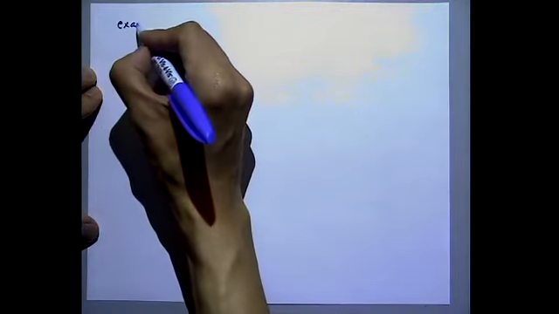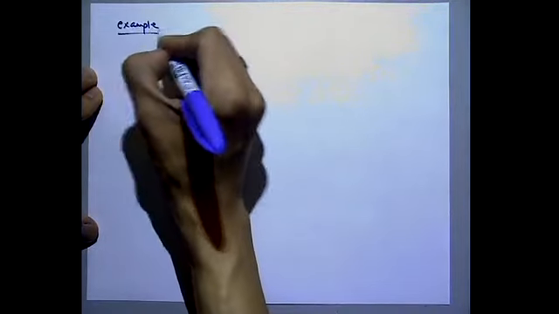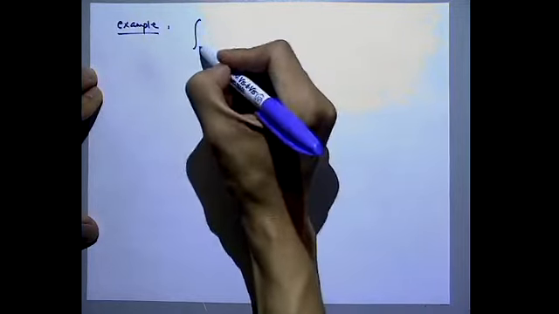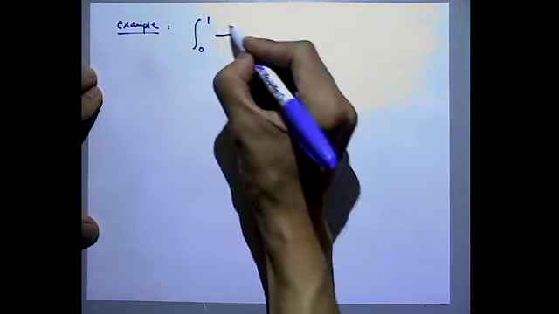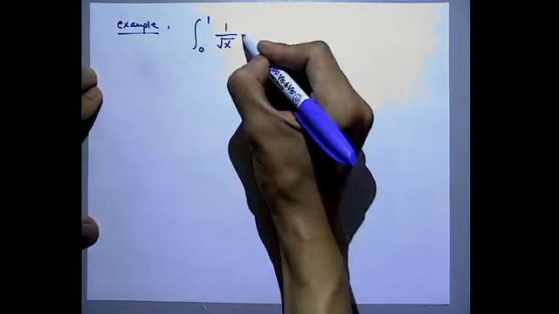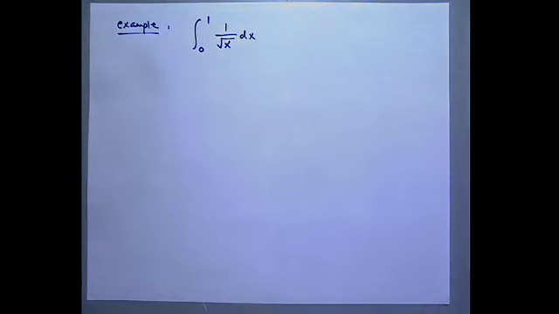Let's look at a different type 2. Sometimes they converge. Integral from 0 to 1 of 1 over radical x.